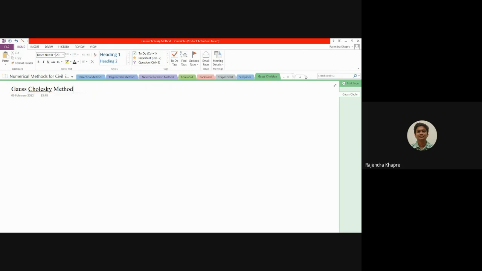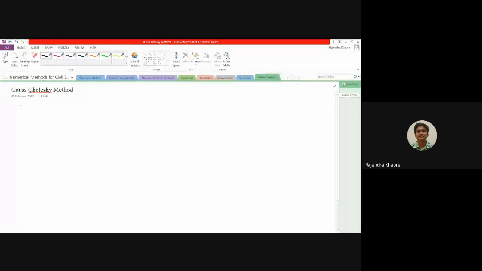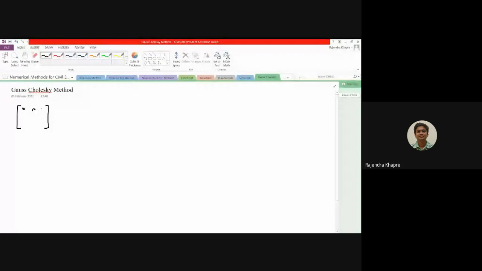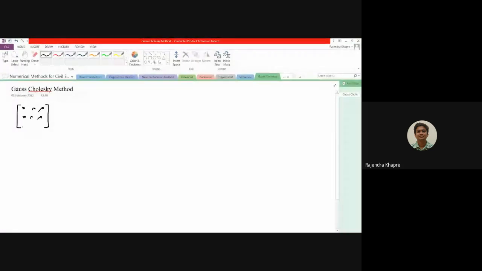Before that, let us quickly have a recap of the Gauss elimination method. In the Gauss elimination method, we have, let us say, a matrix, and I'm intentionally taking a 3 by 3 matrix.